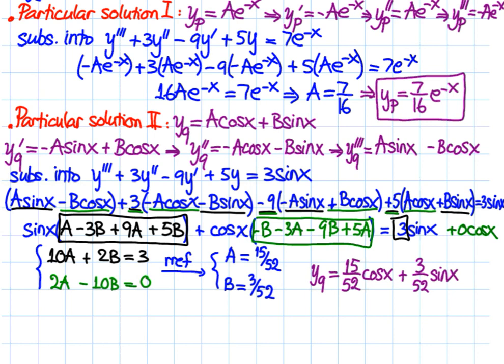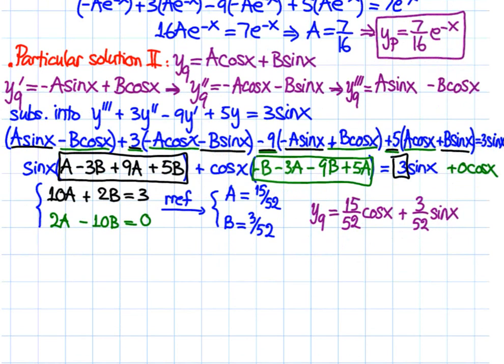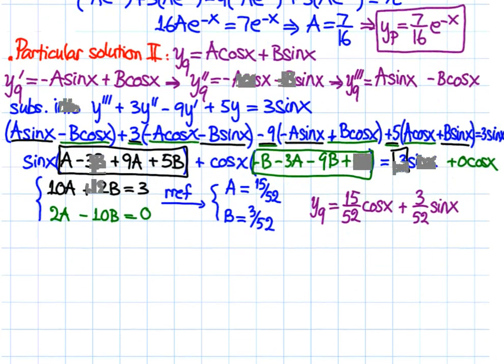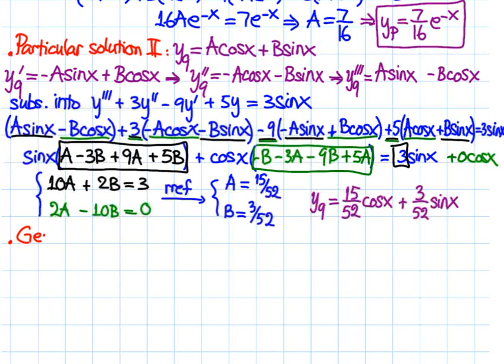And then we write the general solution. It will be the complementary solution, or homogeneous solution, and then particular solution 1 and particular solution 2.